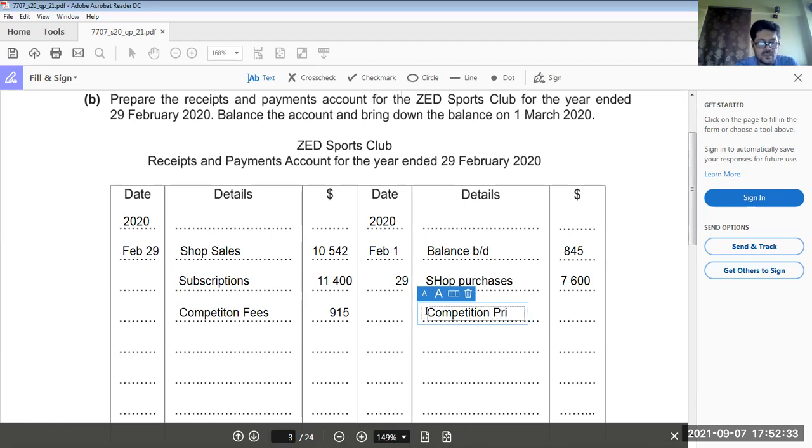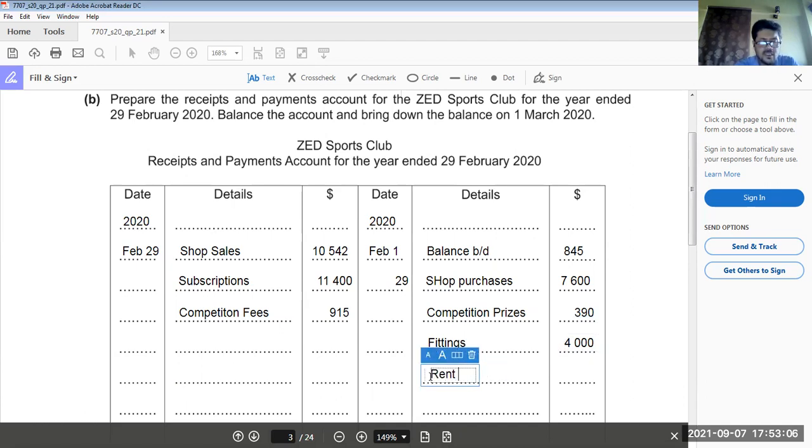Prizes. How much? 390. Then we have fittings, 4,000. Fittings, what else? We have rent and insurance.